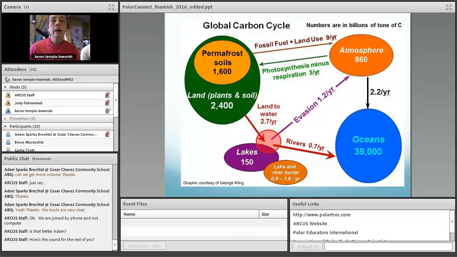You can see that the land, plants, and soil have a fairly significant amount of carbon stored there, and a subset of that is the permafrost soils, which is a very significant amount, and if it is locked up, it doesn't return carbon to the atmosphere when it's frozen. So we're really concerned about what happens to the carbon if and when, well, we know it's happening, when this permafrost begins to melt. Next slide, please.